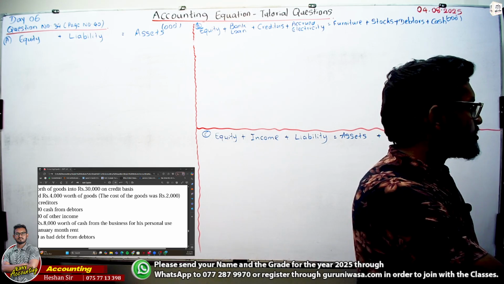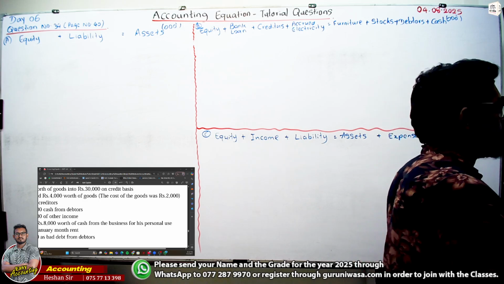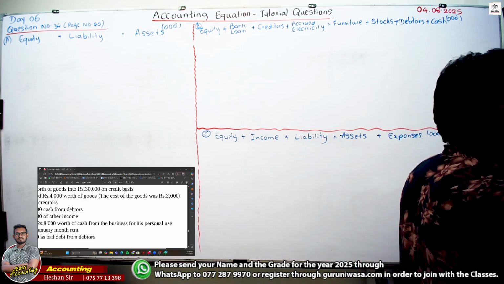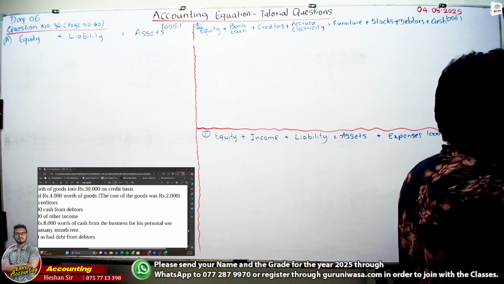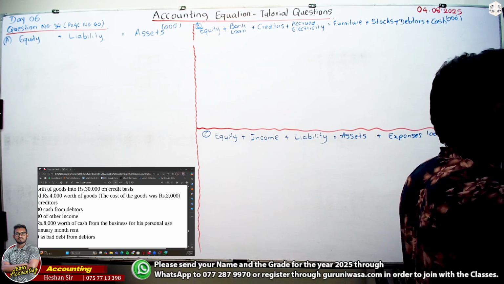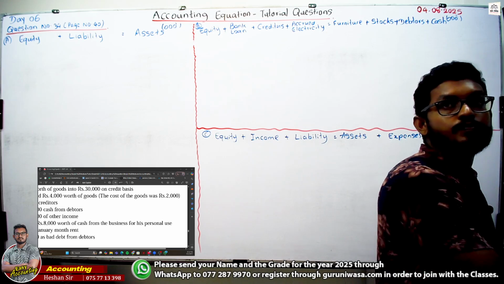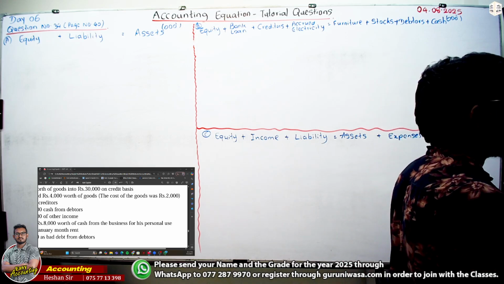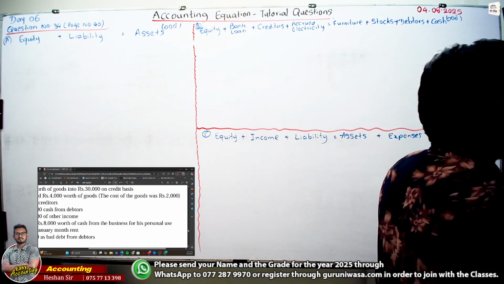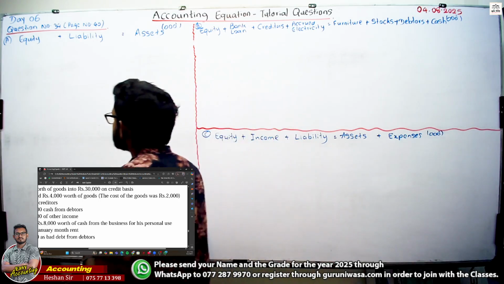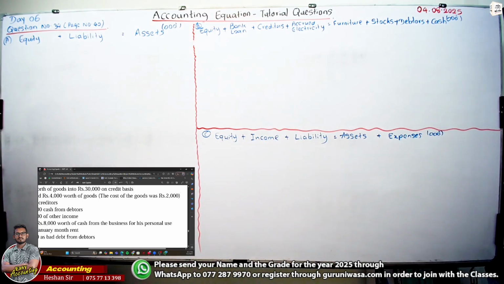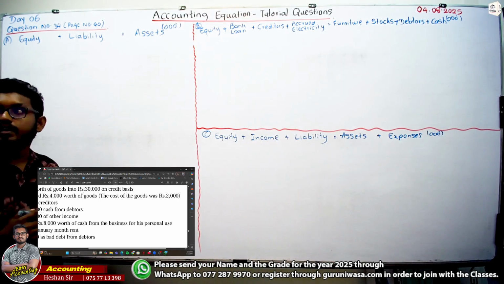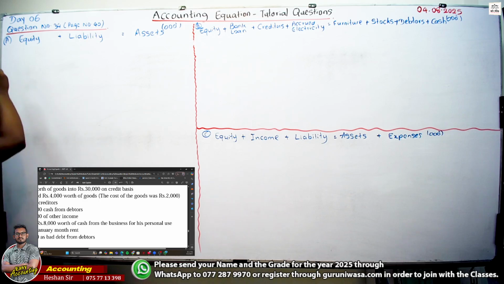A customer has returned goods that were sold. So the cost of these goods was how much? Rupees 2,000. Right. Now in here, what is the number? 9, right? 9.